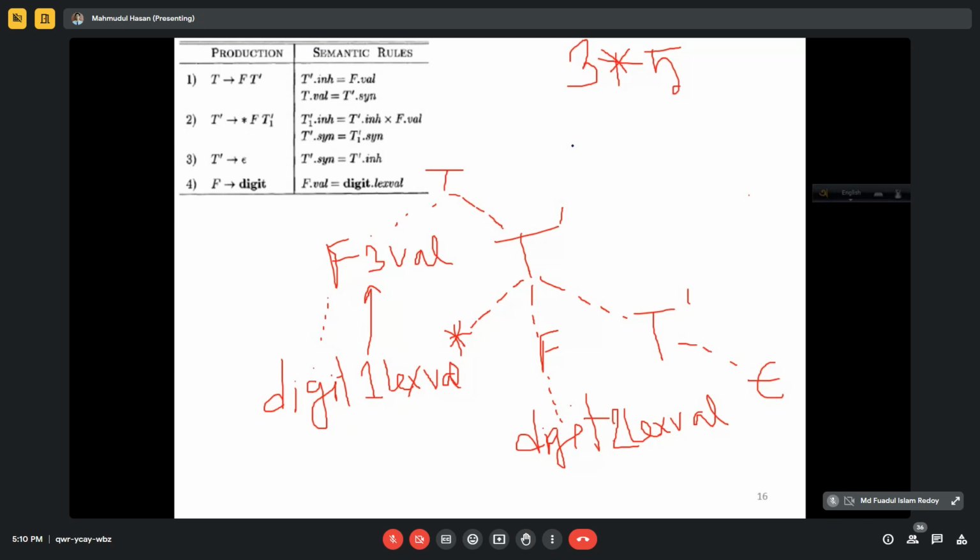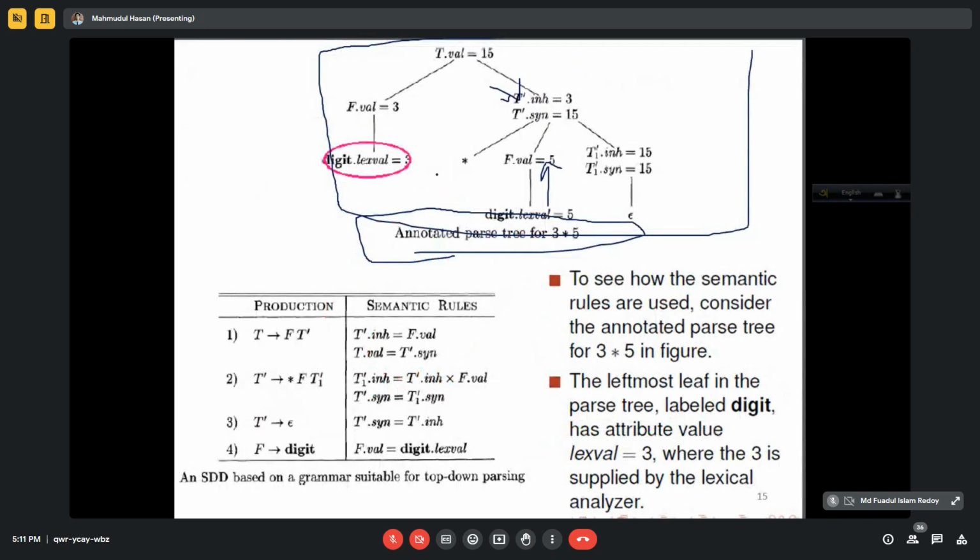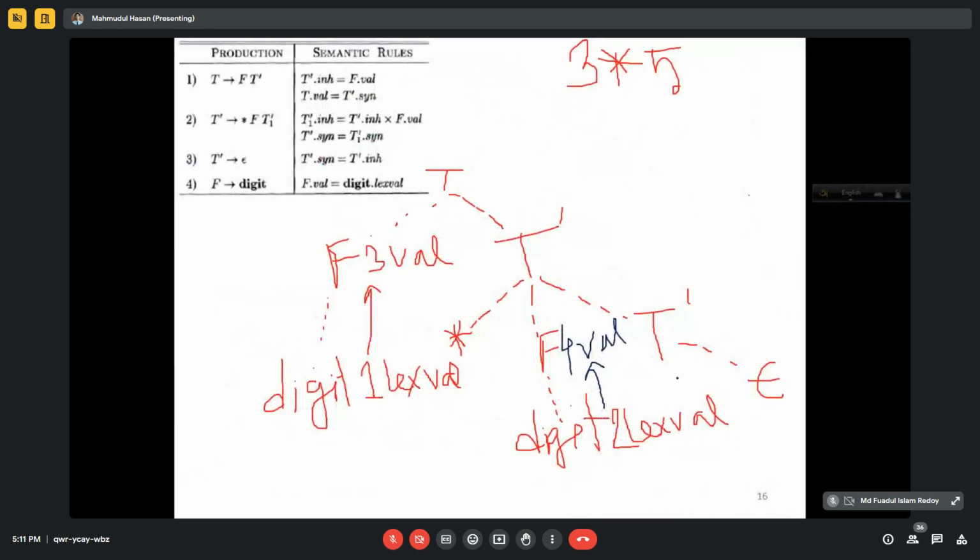But in most of the cases, this book is followed. That is, at first try to transfer digit value to f value. That means now you need to transfer 2 to 4. But normally if you think of the previous one, it is like that. But now you need to assign at first all the lex values.